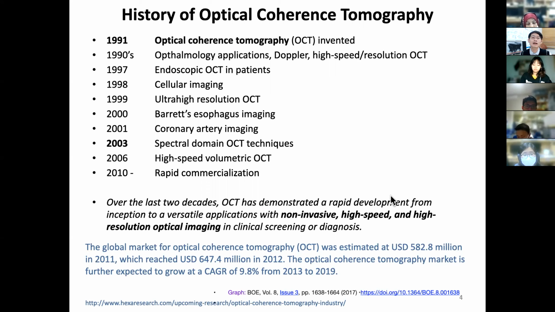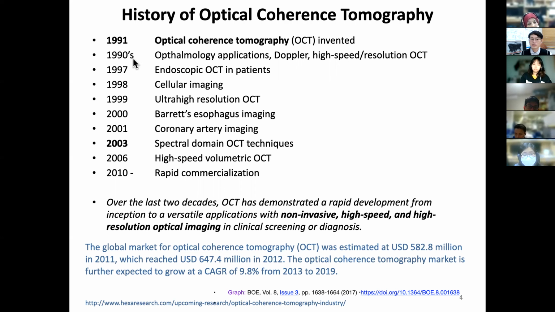So when did it start? It started from an MIT laboratory by Professor Jim Fujimoto, who was president of the world's biggest optical engineers conference for decades. He invented it in 1991 in a Science paper.